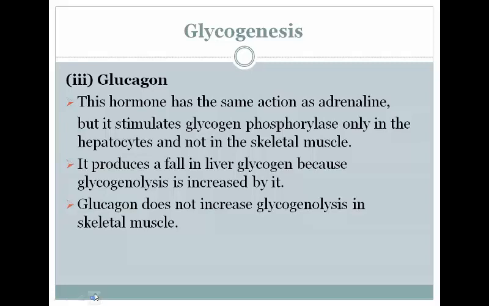But as it does not produce its effect on skeletal muscle phosphorylase activity, glucagon does not increase glycogenolysis in skeletal muscles. So only the liver glycogen breakdown is started under the influence of liver glycogen phosphorylase.